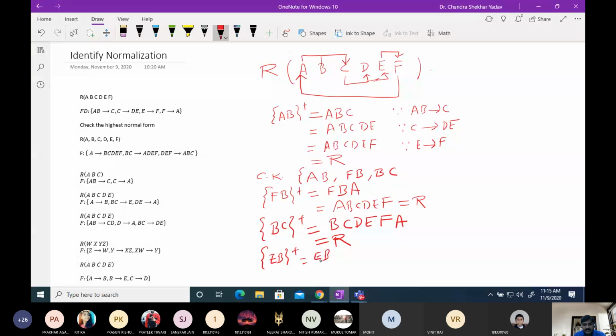EB determines EB, and then with the help of E we can associate F, and with the help of F we can associate A, and with the help of AB we can associate C, and with the help of C we can associate DE, and E is already in this set, so this is also R, and EB is also a candidate key. Now let me know, is there any other candidate key?